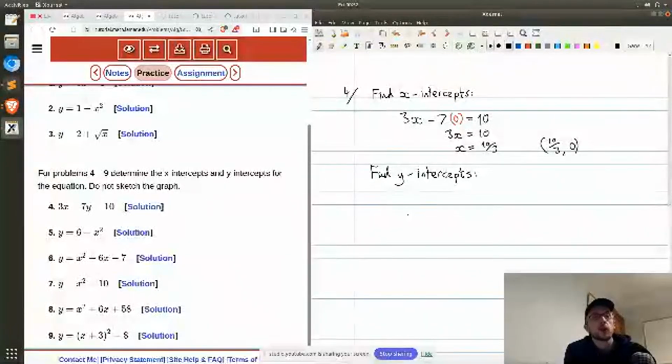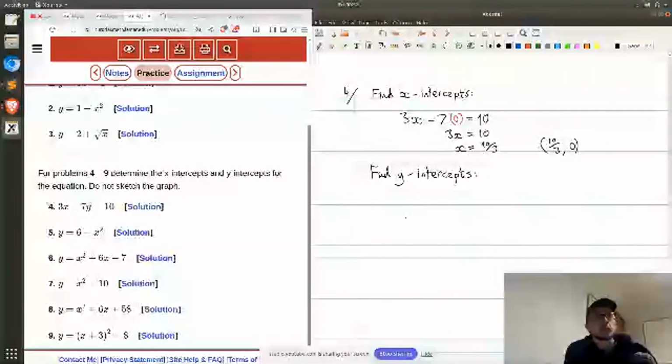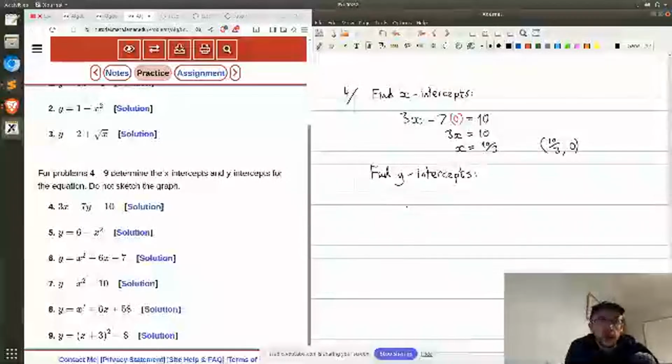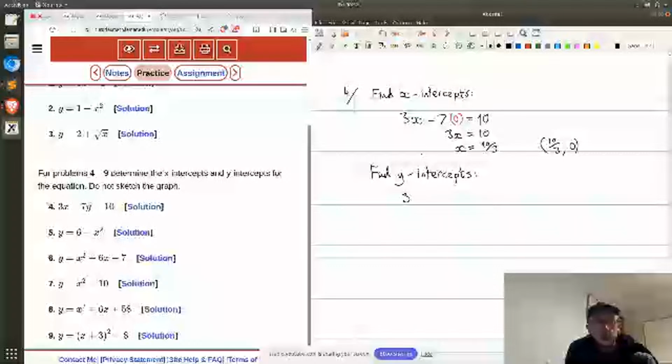I'm not going to the right or to the left by any amount. I'm just going up or down the y-axis. And so the x-coordinate should be 0. So what you do is you plug in 0 where x is, and then work out the y-coordinate from that.